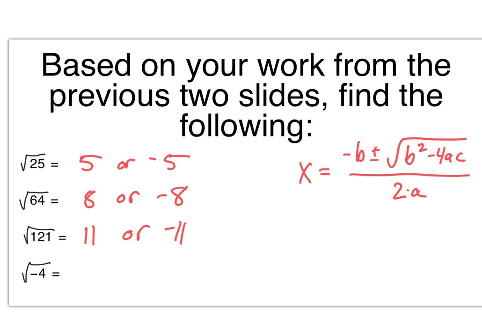So in this case, I'm going to split this up and instead of negative 4, I'm going to have the square root of negative 1 times the square root of 4. 4 times negative 1, that's negative 4. I think we can agree on that.